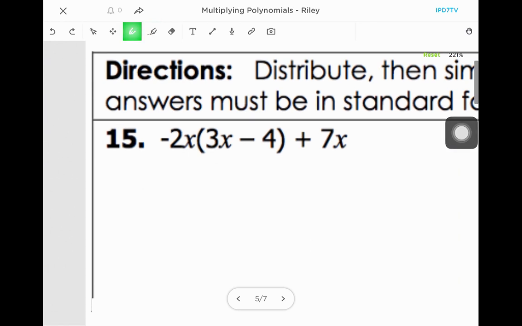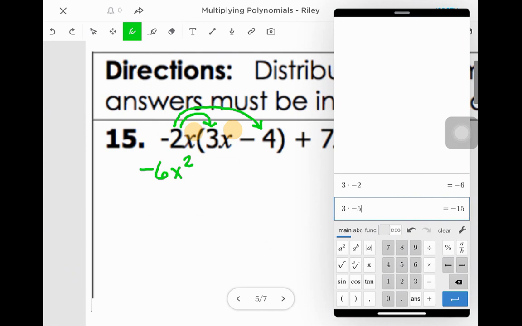Okay, so we're going to have to distribute first. So -2 times 3, that gets me a -6. All right, and I've got 1x and another 1x, and 1 plus 1 is 2. So I've got x squared. All right, and then I've got a -2 times a -4.